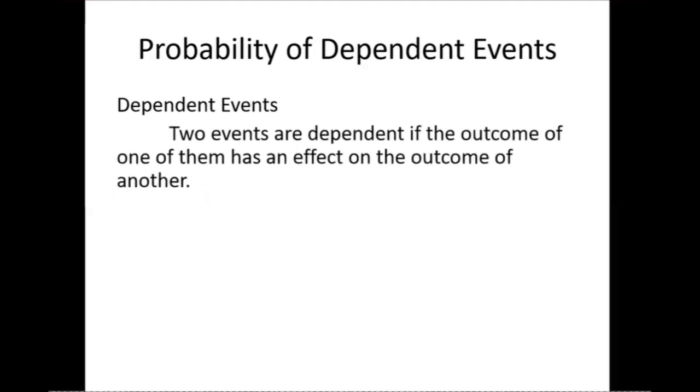Next in line is the probability of dependent events. Two events are dependent if the outcome of one of them has an effect on the outcome of another.